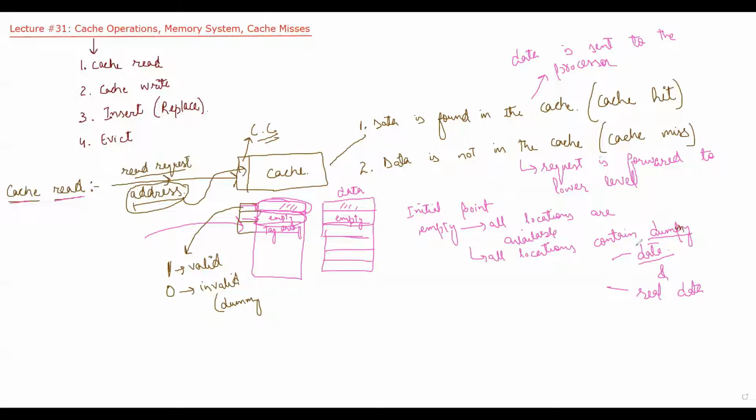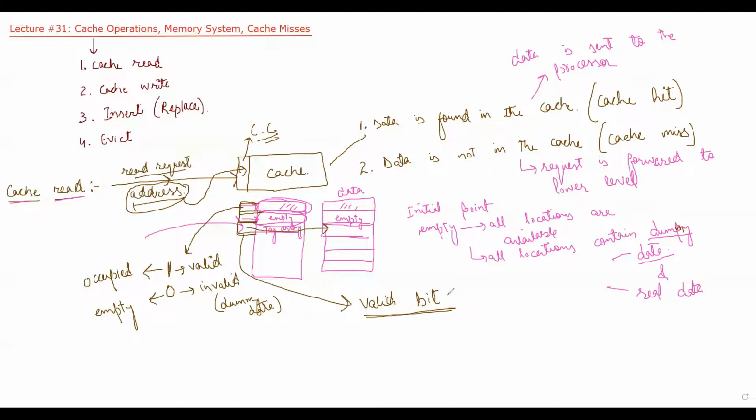So if any entry has this value as 0, it means that particular entry is empty. However, if this value is 1, it means the entry is occupied. So this particular bit that stores the information whether the data contained in this particular entry is valid data or invalid data is called a valid bit.